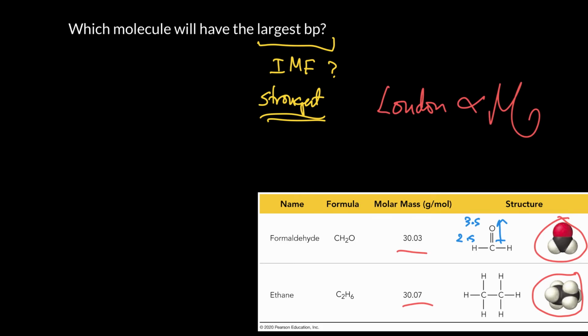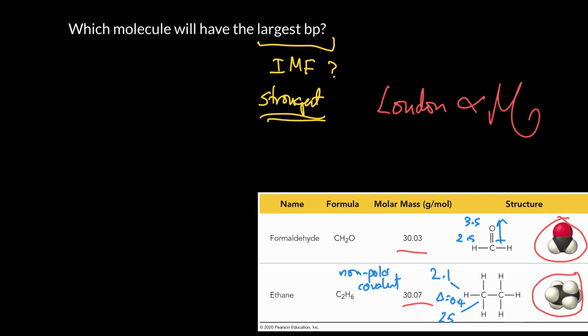So carbon is 2.5 and hydrogen is 2.1. That difference is just 0.4. And we're going to say that's really pretty much just nonpolar covalent. That is so wimpy. We're going to go ahead and say that, yeah, technically the carbon has a slight negative charge. It's like having a slight 2 cents a year raise or something. You're not really making much more money.